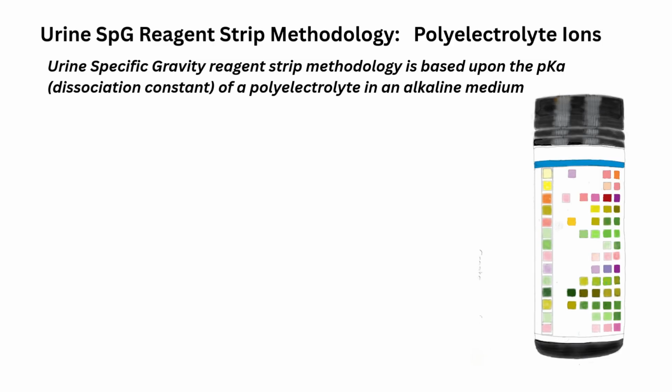Polyelectrolyte ionization is the urine reagent strip methodology, and it is based upon the pKa or dissociation constant of a polyelectrolyte in an alkaline medium.